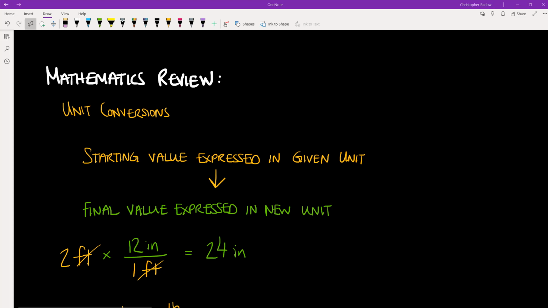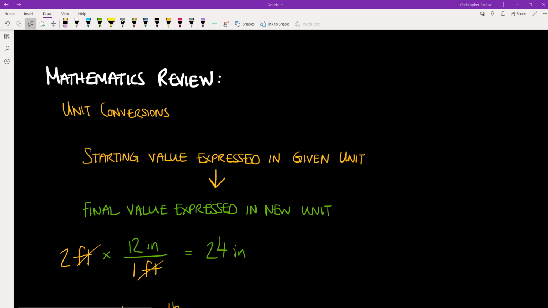In simple terms, the process of converting units consists of taking a given value defined by a starting unit and multiplying that value by a ratio of a desired new unit to the starting unit to produce the new value defined by the new unit. So that might sound really complicated, so it's actually probably easier just to look at some examples with numbers.